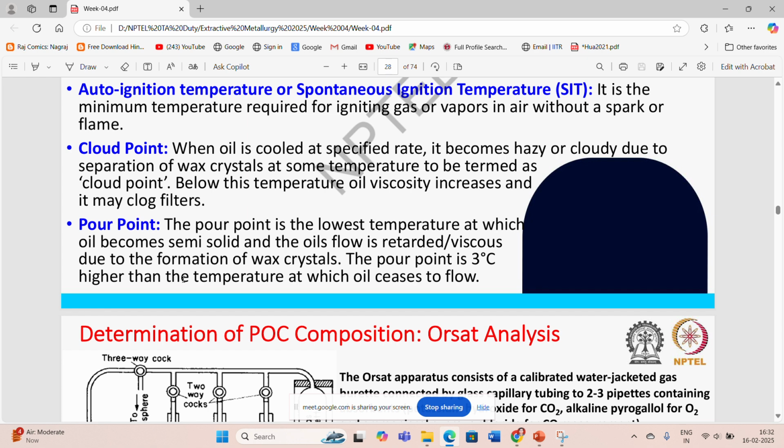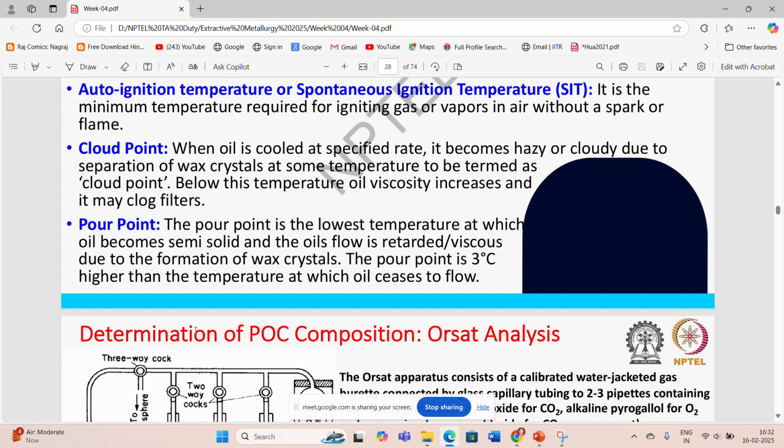If we use the same diesel and petrol oil in jet engines, it is not going to work, because of the height.